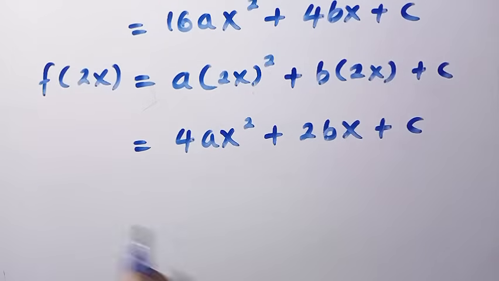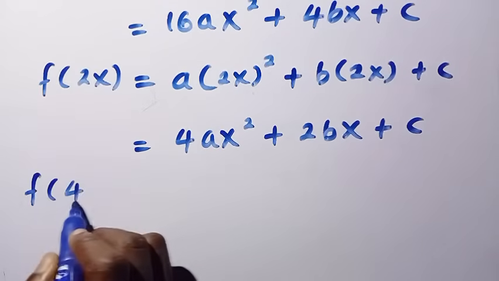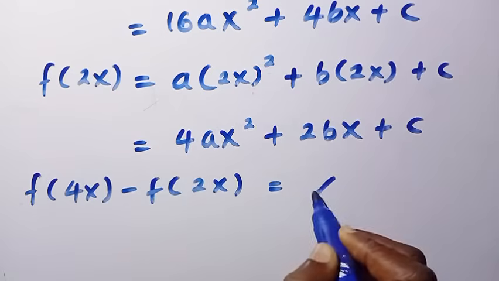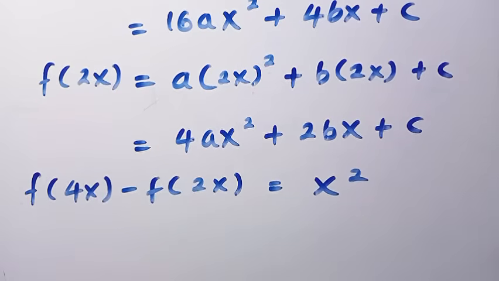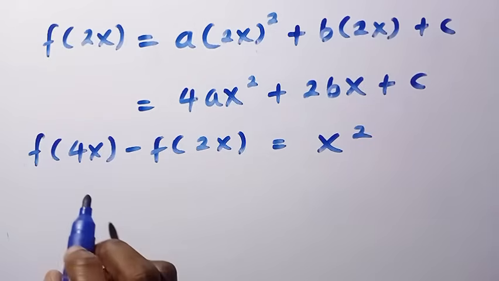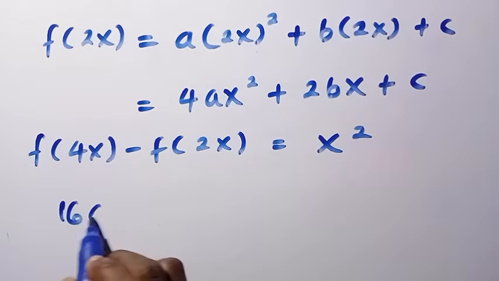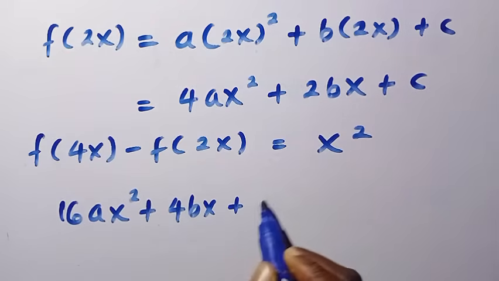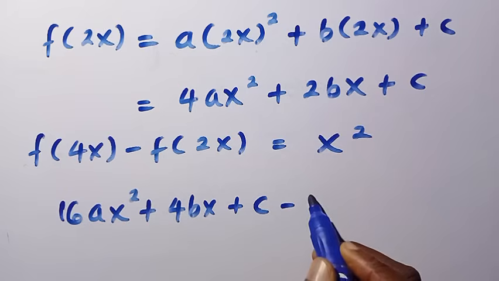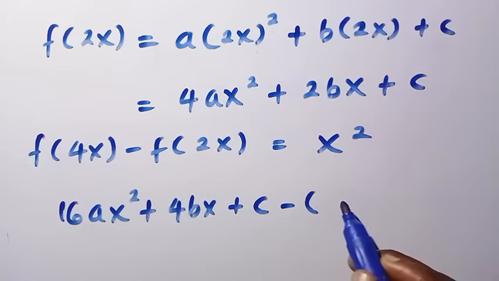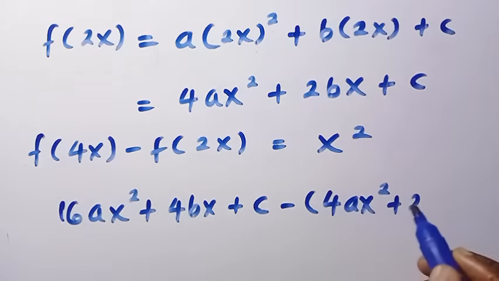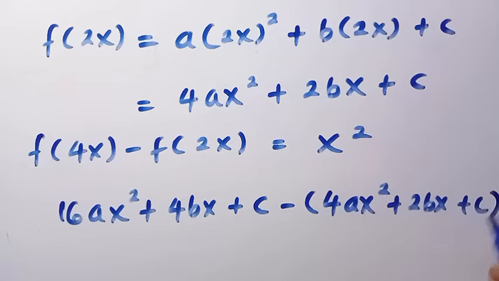After getting this, we combine them as f(4x) minus f(2x) equals x squared, where f(4x) is 16ax squared plus 4bx plus c, minus open bracket, f(2x) which is 4ax squared plus 2bx plus c, and everything equals x squared.